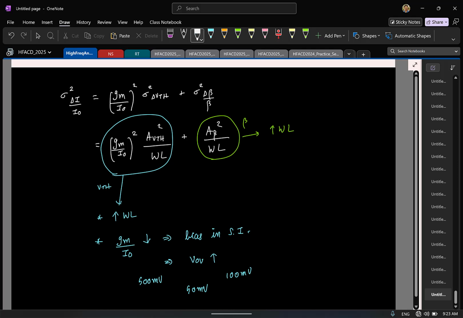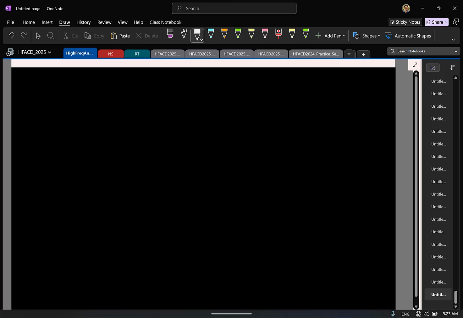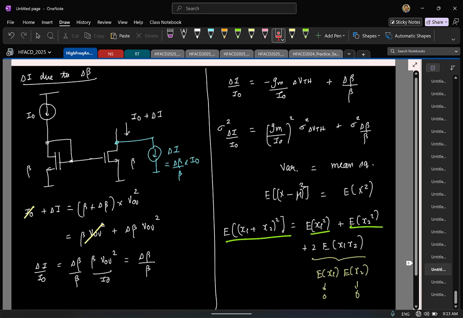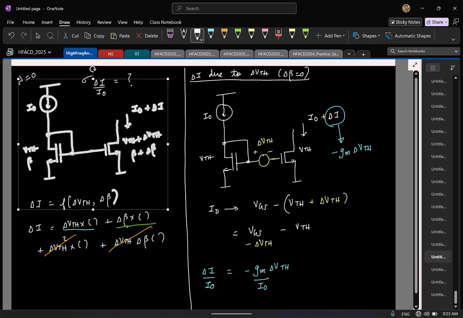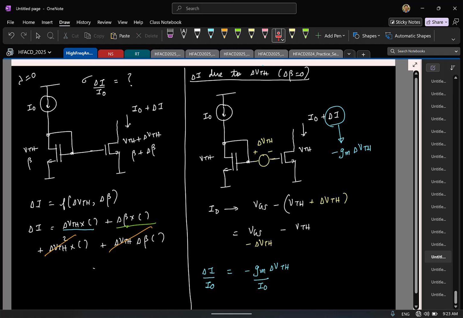Okay, so the bottom line is this: if we have threshold voltage mismatch, the way we analyze the effect is to assume the transistors have the same threshold, but the delta VTH is modeled as an increment in the gate.